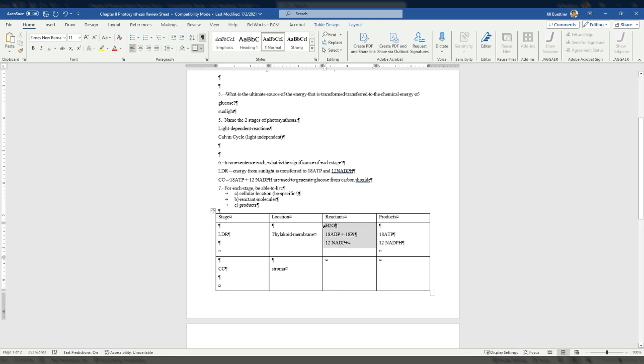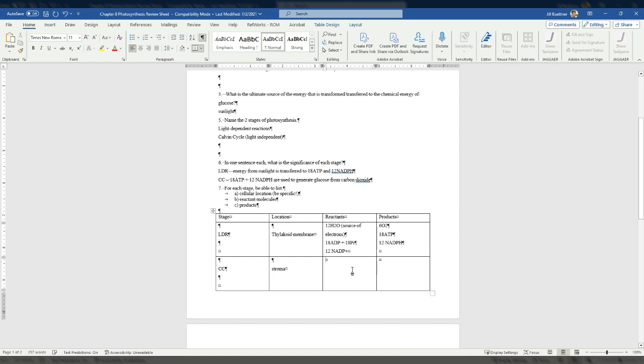And the water generates a byproduct of 6 oxygen. So the water molecules are the source of electrons for the electron transport chain, and those electrons ultimately end up being carried by NADP+, which becomes NADPH when it is carrying those electrons.